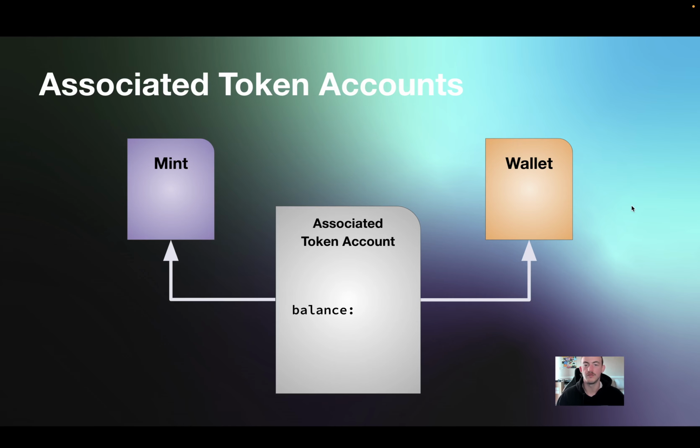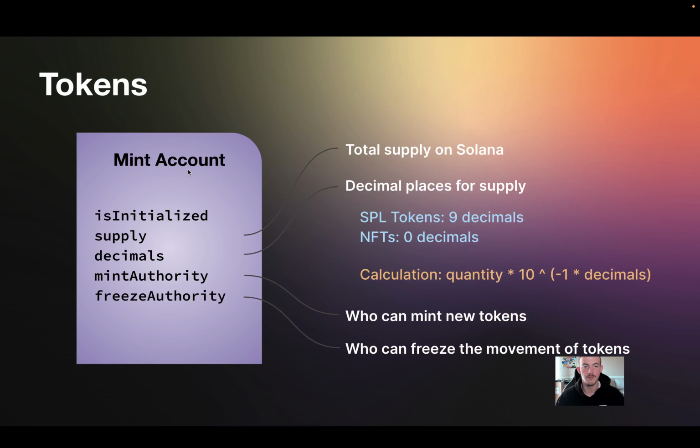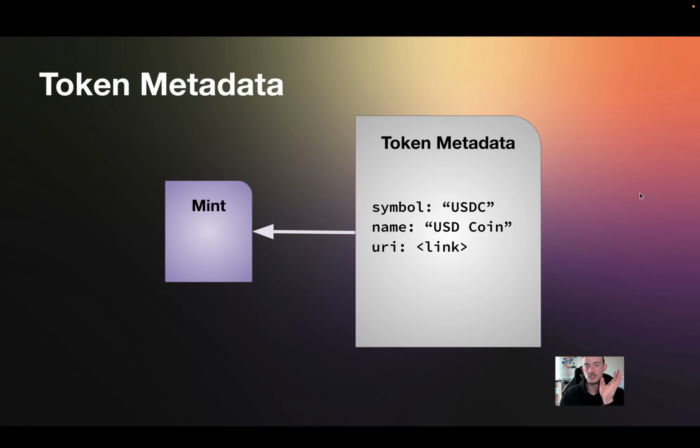And following a similar format is the metadata for a token. We saw back on the mint that these are the default fields. So in order to introduce a picture and a symbol and a title and all these other things, you need to create an account for metadata. And this follows a metadata standard provided by Metaplex, which we will also see in the code.